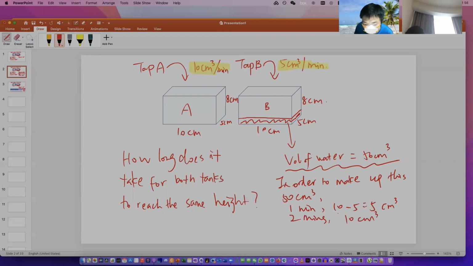So the question you ask yourself is, in order to make up 50 cm cube, how many minutes? So 50 divided by 5, which is 10. This is an easier method to get the answer. So far so good? Yes. So the answer should be 10 minutes, whether you use method 2 or method 1.